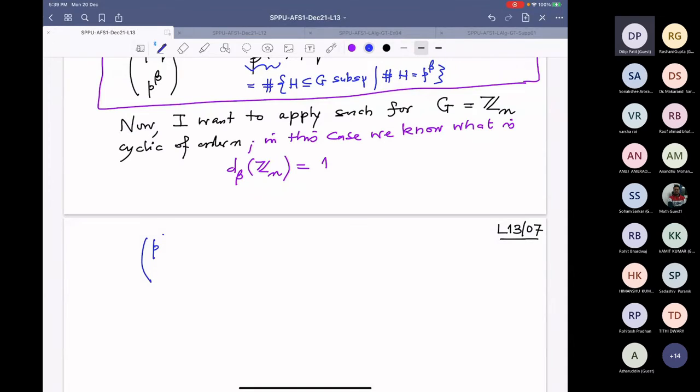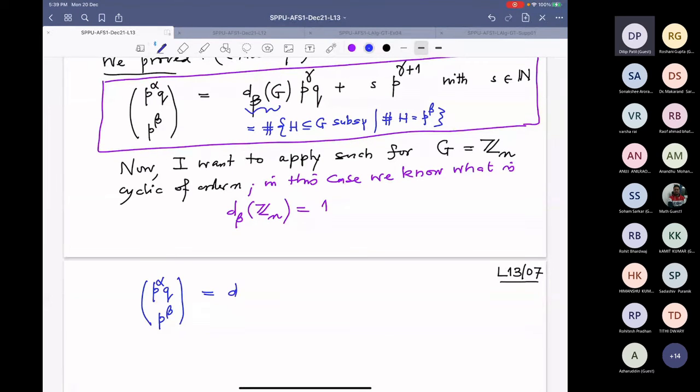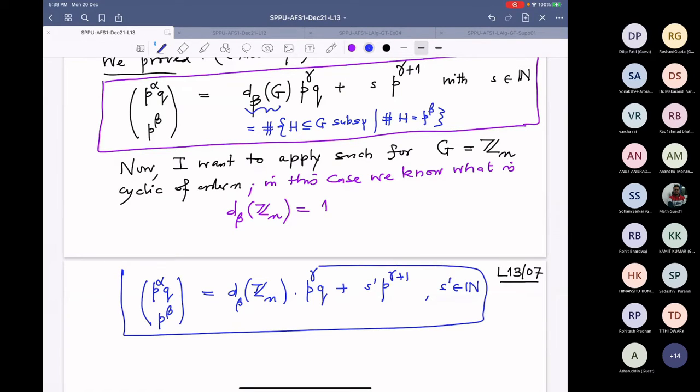That is p power alpha Q choose p power beta, which is equal to d beta Z mod n times p power gamma Q plus some number S. This S will depend also on the group, therefore I will write S prime, p power gamma plus 1, for some S prime belonging to N. Such a formula I get, because the remaining parts are just a cardinality argument.